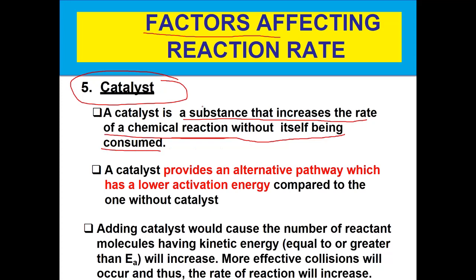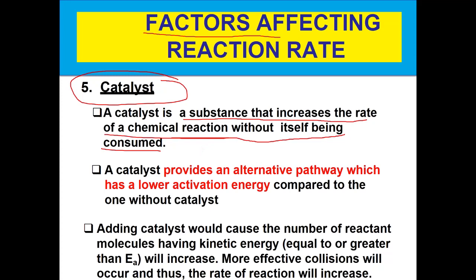So in some reactions, we can use a catalyst to increase the rate of a chemical reaction without the reactant being consumed. So the catalyst does not react in the reaction. It just functions to increase the rate of the chemical reaction.